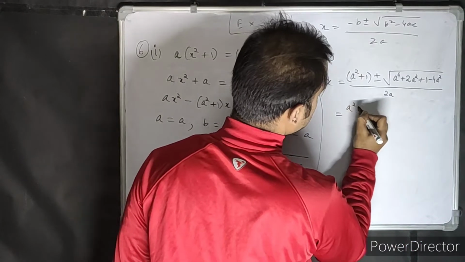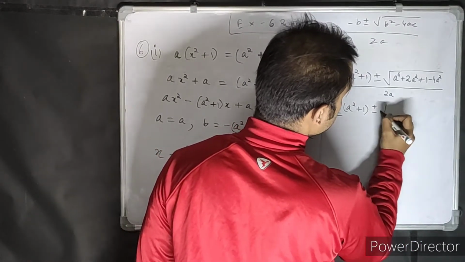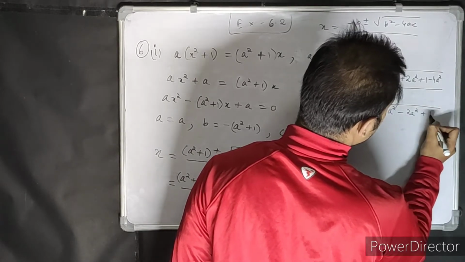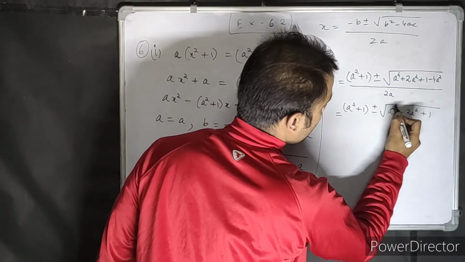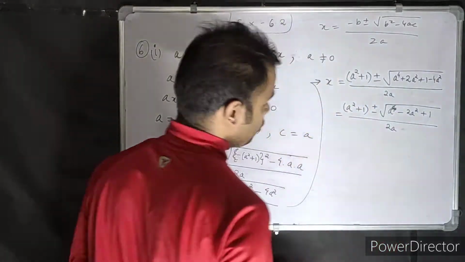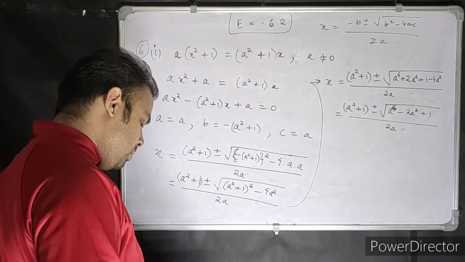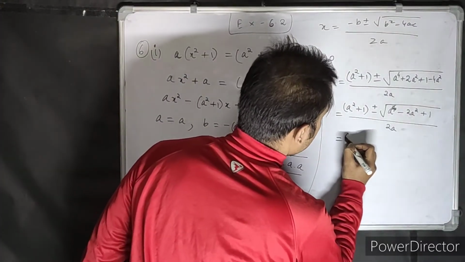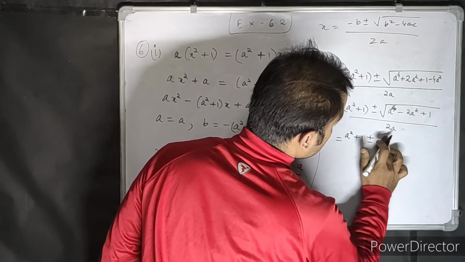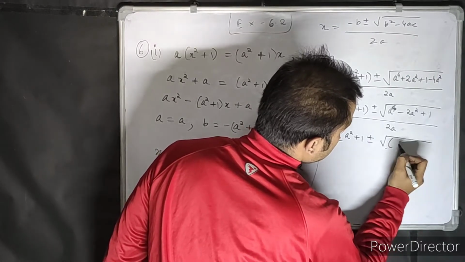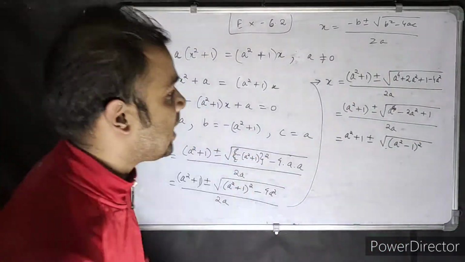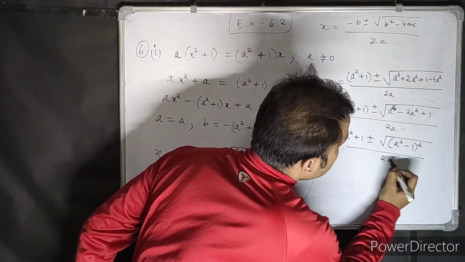So what you're left with, a square plus 1 plus minus root over a to the power 4 minus 2a square plus 1, that is a square minus 1 whole square, right? This is 2a over here, and from here what to do? Simple, a square plus 1 plus minus, this is a square minus 1 whole square. Expand it, you will get the same thing. Whole thing divided by 2a.